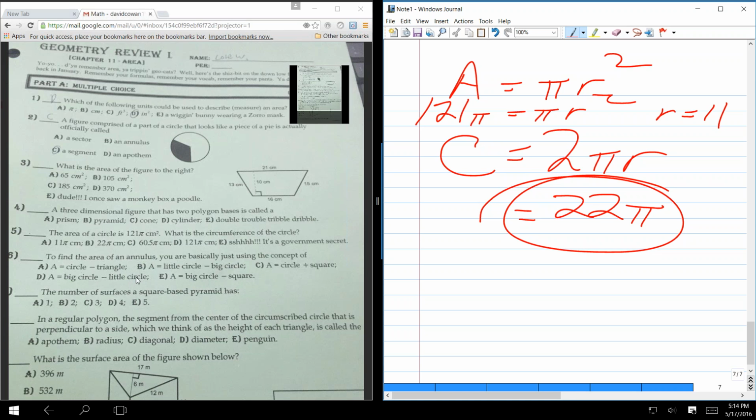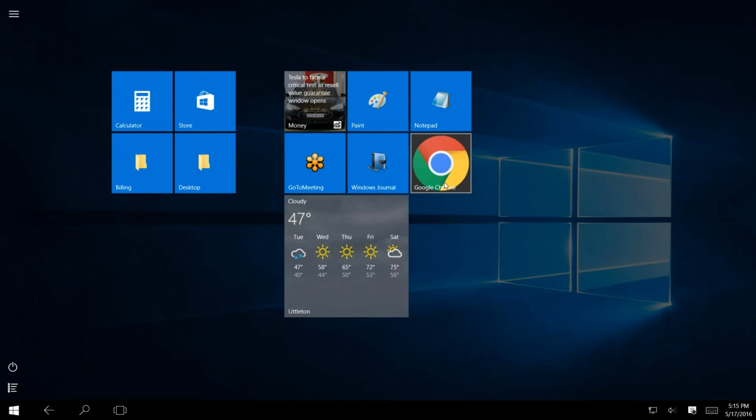Oh my goodness, what in the world is that thing? Find the area of an annulus. What the heck's an annulus? I don't know. Well, let's look it up here. Hold on a second.